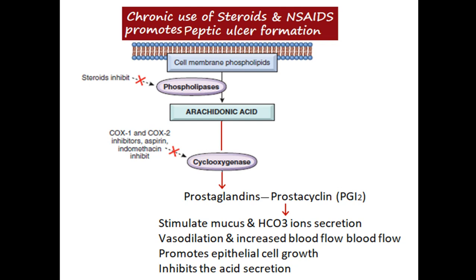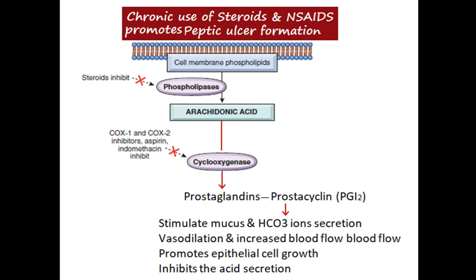Now here, in the cyclooxygenase pathway, the enzyme cyclooxygenase, which is present in most cells of the body, acts on arachidonic acid and causes breakdown of the arachidonic acid into the prostaglandins. There are two cyclooxygenase enzymes known as COX-1 and COX-2.